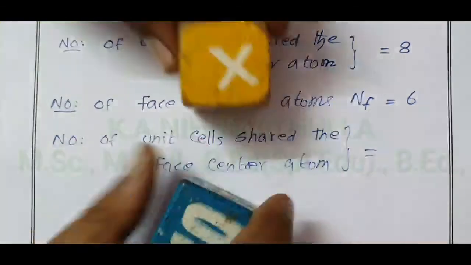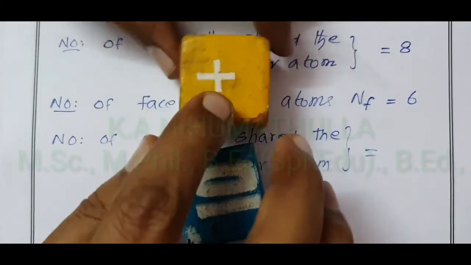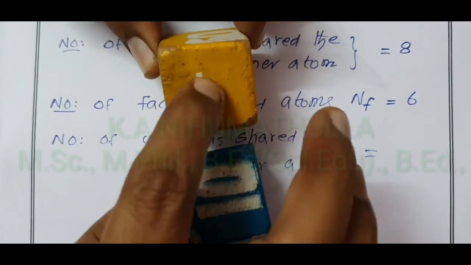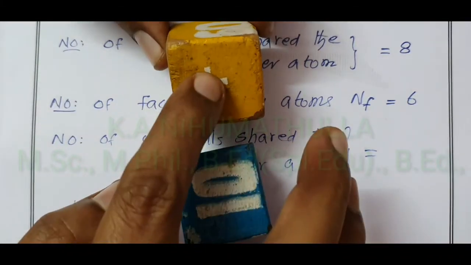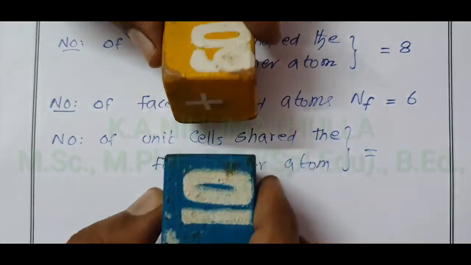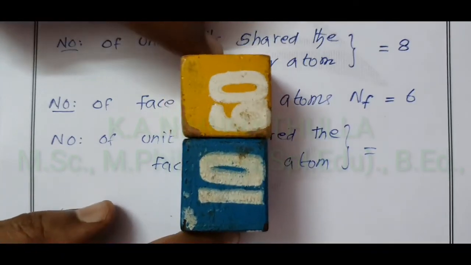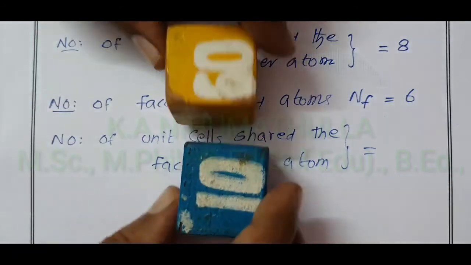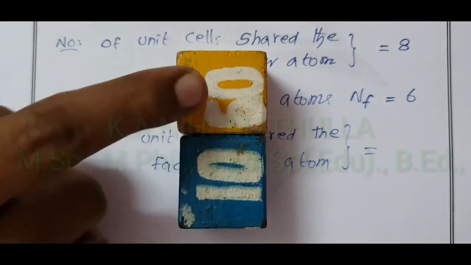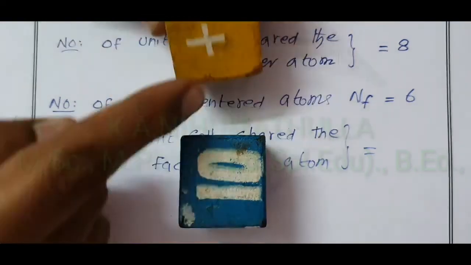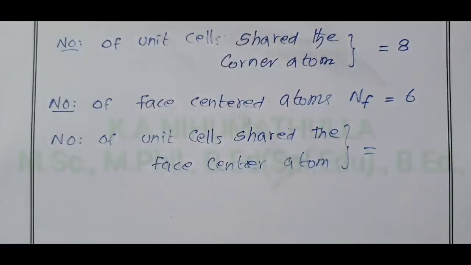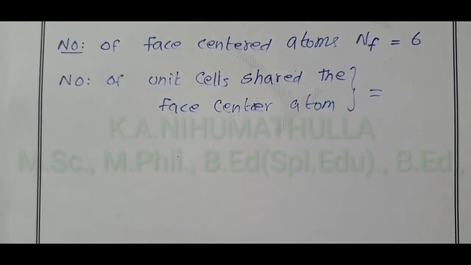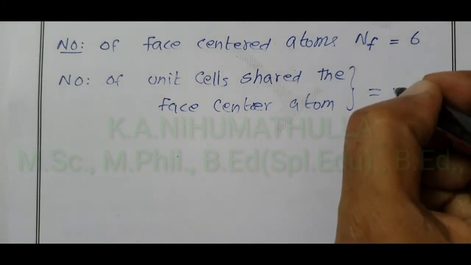Say, in this face, there is one atom present at the center of this face. Now, this face atom is shared by only 2 unit cells. One face centered atom is shared by how many unit cells? Only 2 unit cells. Remember always, one face centered atom is shared by only 2 unit cells. So, the number of unit cells sharing the face centered atom is 2.